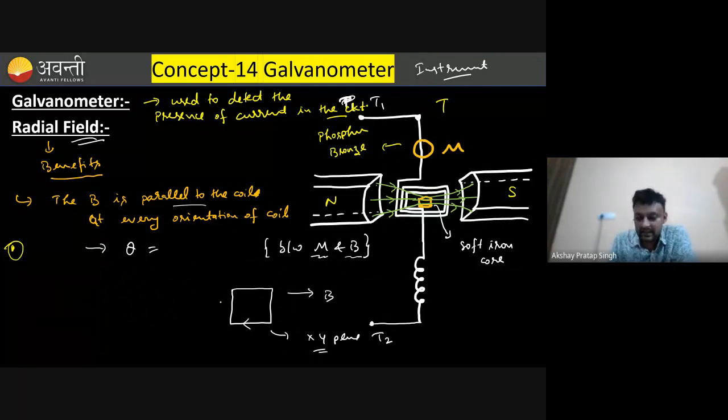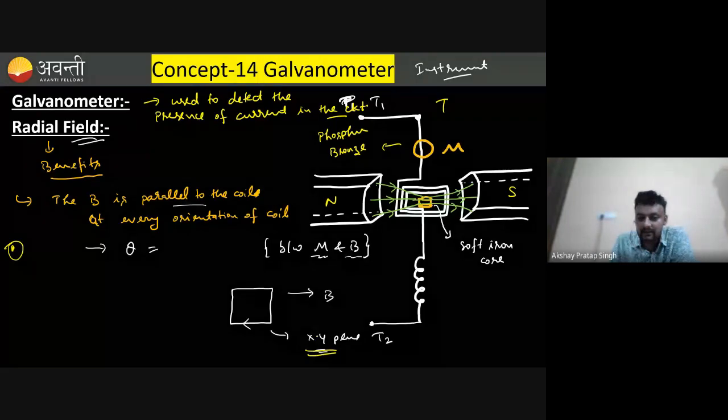What I was saying that coil is in the XY plane and magnetic moment is perpendicular to it. So if you say perpendicular, this is already in the XY plane, so perpendicular axis remains Z axis. Magnetic moment will be along the Z axis.